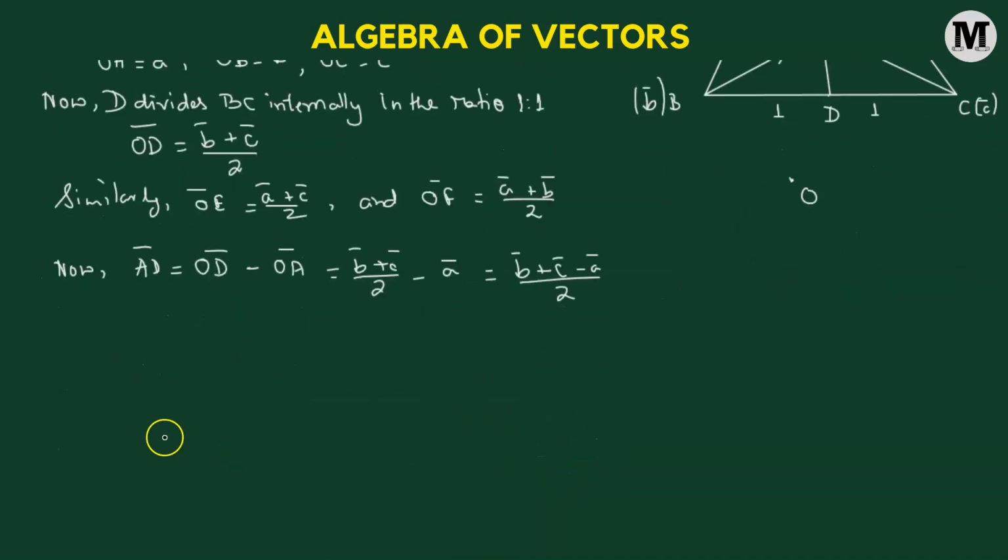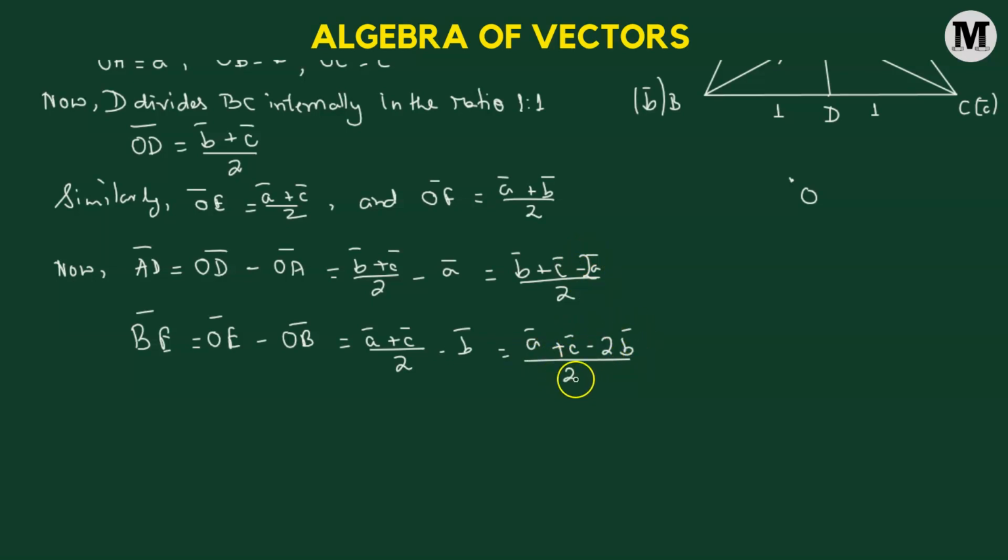Similarly, we can define the vector BE. BE vector is going to be OE vector minus OB vector. The OE vector is A vector plus C vector divided by 2, minus B vector. So that's going to be A vector plus C vector minus 2B vector whole divided by 2.